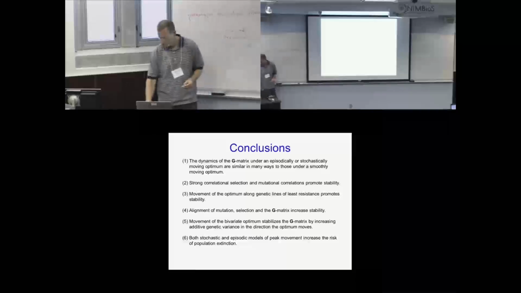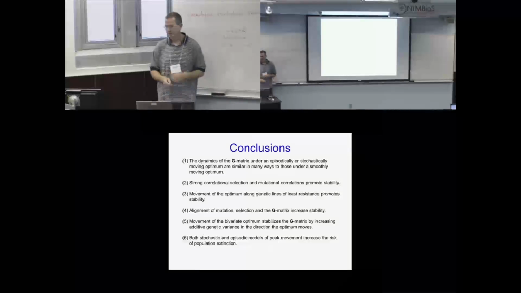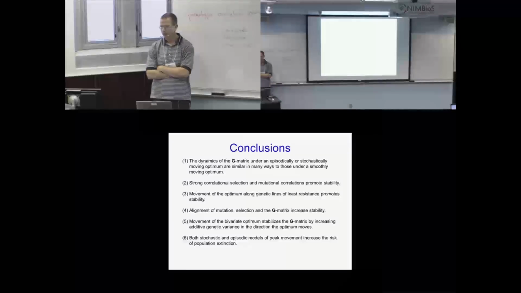All right, and then another question. Your terminology is making it sound as if G-matrix instability is this catastrophic situation. But as you've pointed out, if the G-matrix is nearly circular, then the axis gets very unstable, but the actual covariance matrix doesn't change that much.